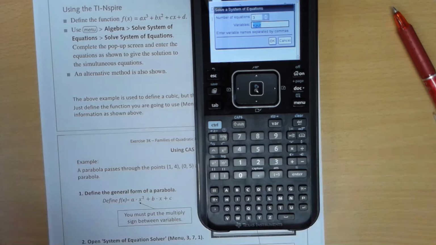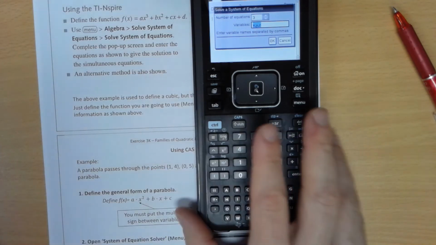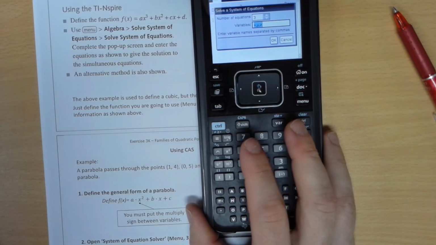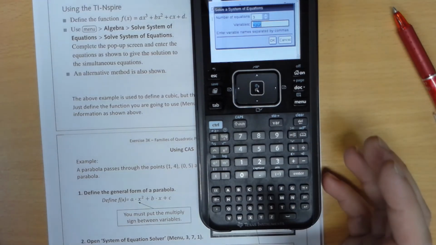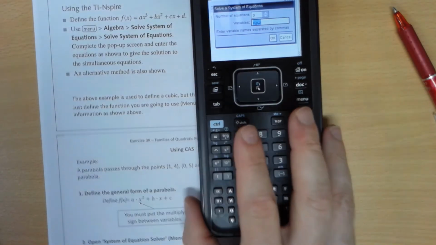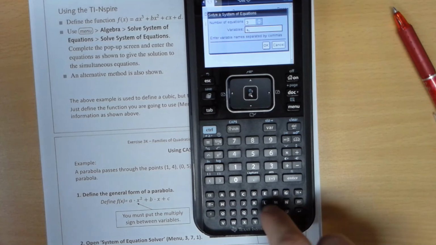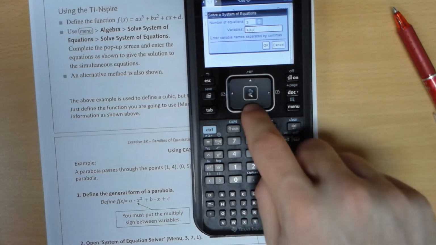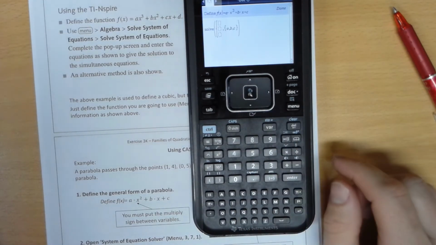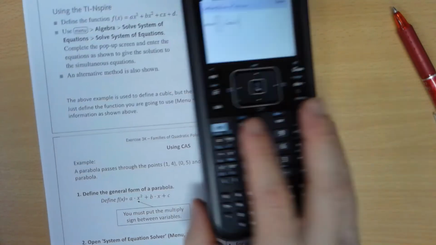This is really important. It's gone x, y, z, but that's not our unknowns that we're trying to solve for. We are trying to solve for our unknowns, which is a, b, c. So you have to type those in, which is a little frustrating, but you can do. a, b, comma, c, enter. Okay, and so we get this.